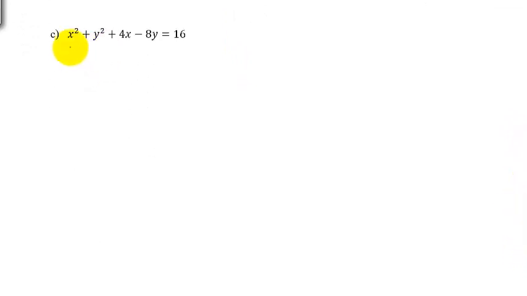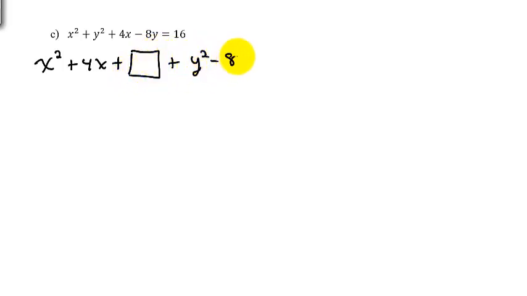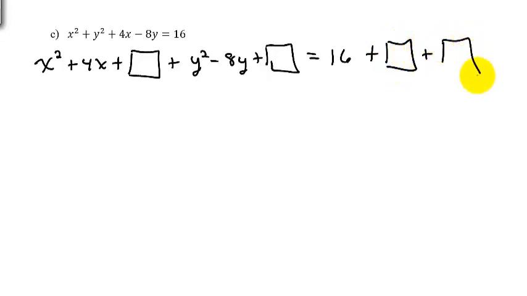And in our next example, we have x squared plus y squared plus 4x minus 8y equals 16. So we'll do the same thing. X squared plus 4x plus a box to complete the square, plus y squared minus 8y plus a box to complete the square, and it's equal to 16 plus the 2 boxes. Okay, so again, the number that we want to put in our box is b divided by 2, squared.